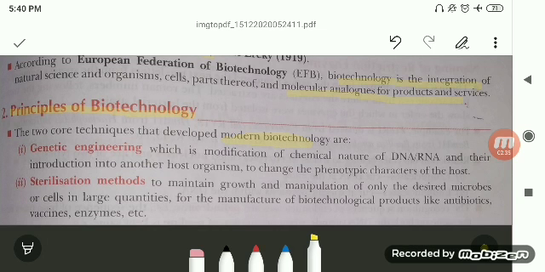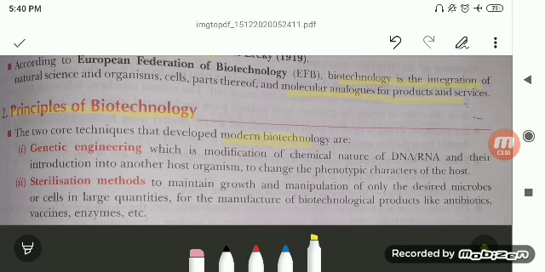For example, we use Lactobacillus to form curd, and we use microorganisms to form food products like idli. These are known as old biotechnologies, whereas modern biotechnology deals with the manipulation of genes.